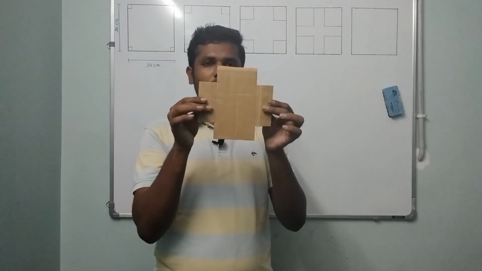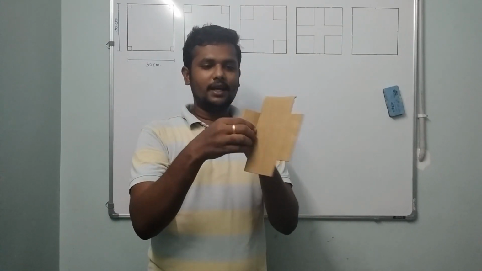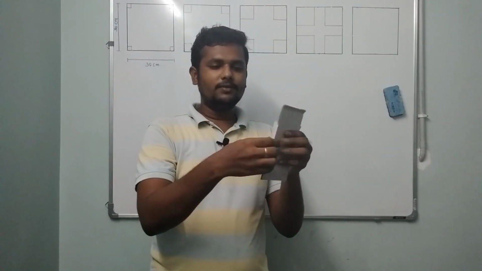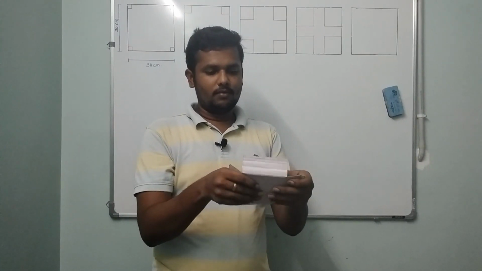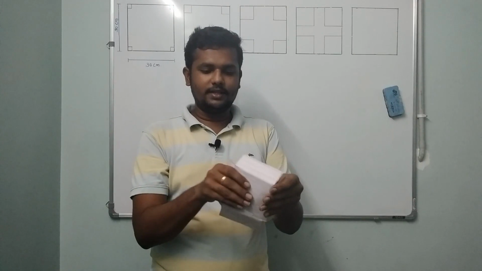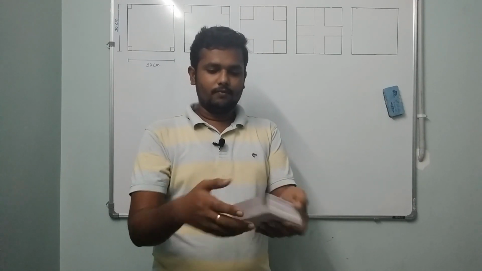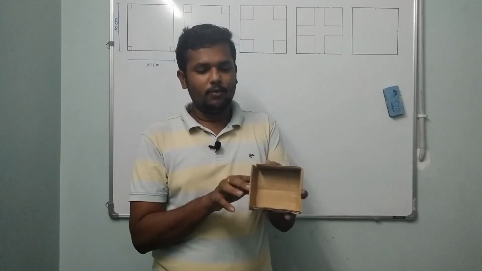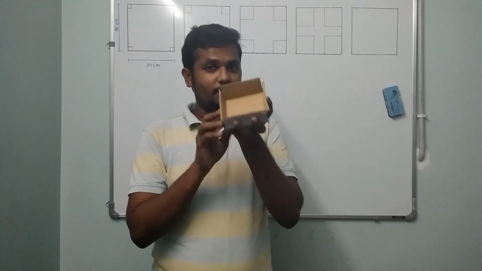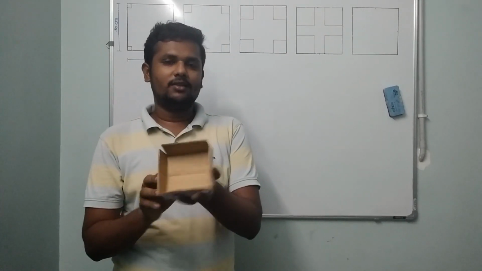a final cut sheet like this, and now folding these four sides, we can make an open type of box, right? By folding these four sides, we can make an open type of box. Fine.